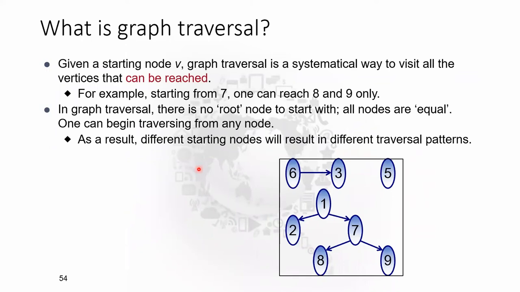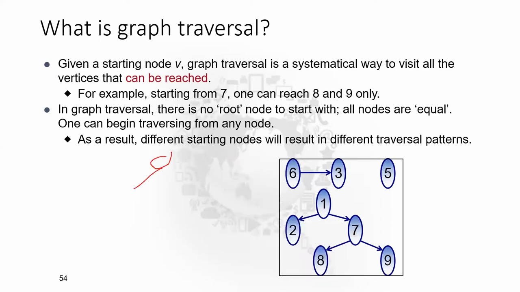So given a starting node V, the graph traversal will travel in a systematic way to visit all the vertices that can be reached. So let's say given V is 7, you can reach the adjacent nodes, which are 8 and also 9. In graph traversal, there is no root node to start with. Like in a tree, we have the root, right?